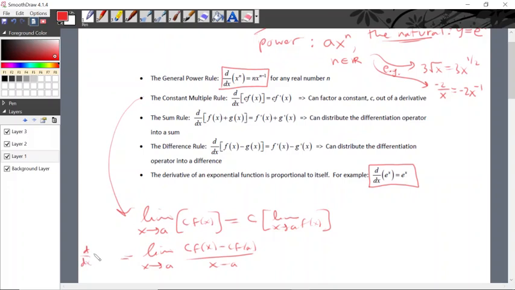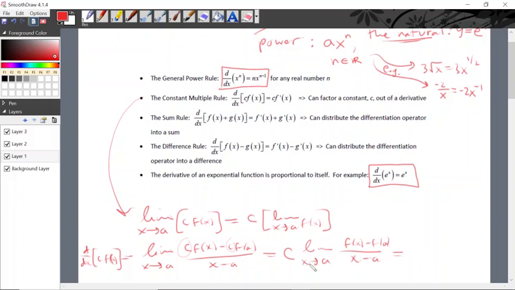That would be our derivative of c f of x with respect to x, by one of the definitions that we have. Well, we have a constant here in the numerator that is a factor of the numerator, and we are applying a limit, so we are allowed to factor out the constant by the limit law that says we can factor out a constant. So we end up being able to rewrite the limit in this way.